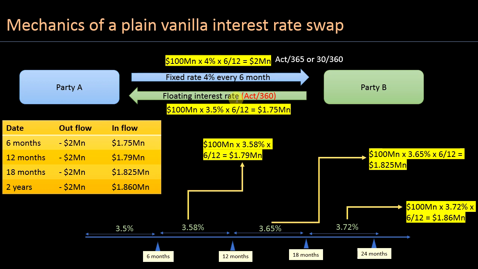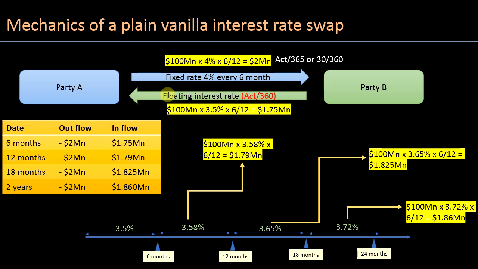So something else also to understand is that when we spoke about interest rates, we discussed something called day count conventions. Now, day count conventions simply means that if you're calculating the number of days between two cash flow payment dates, based on the day count convention that you will be using, the number of days can be different.